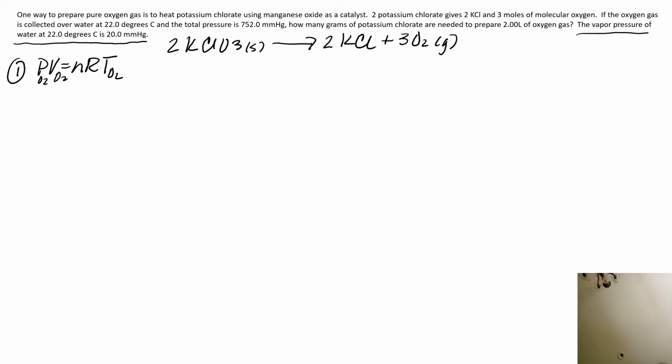We have to convert temperature to Kelvin, and we have to determine the pressure of O2. We already have the volume of O2, and we're solving for number of moles. So we can use stoichiometry from the balanced equation to determine the number of grams of potassium chlorate that are needed. So we rearrange this equation to solve for n.